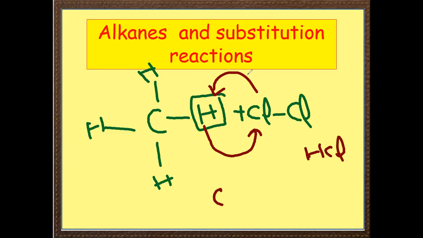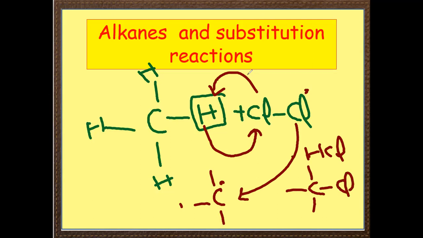The remaining thing is carbon with 3 hydrogens. Now this chlorine radical is going to attach here and make chloromethane. What do we call this structure? Because one chlorine is there and the other part is methane, we call it chloromethane.